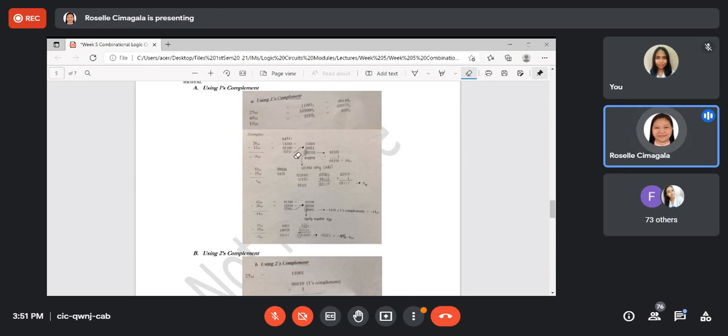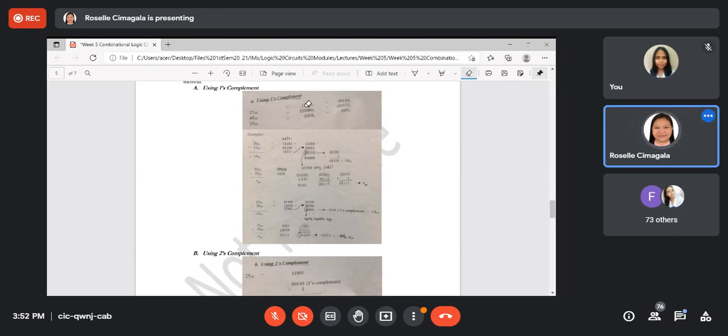So if we have the numbers 25, 40 and 10, we get their binary first. After that, the one's complement of these numbers: let's say 25 is 11001, 40 is 101000, and 10 is 1010.